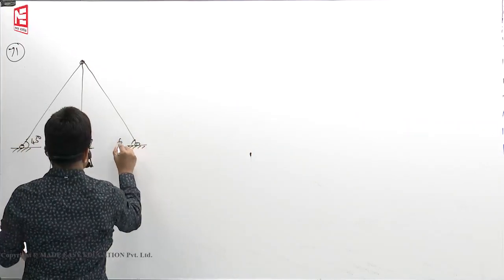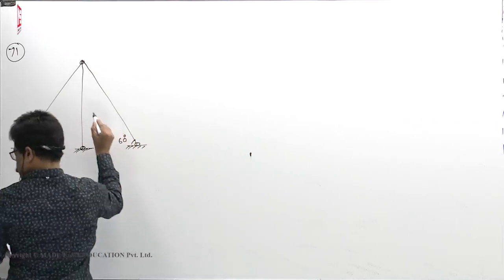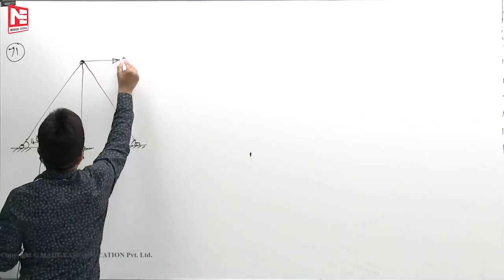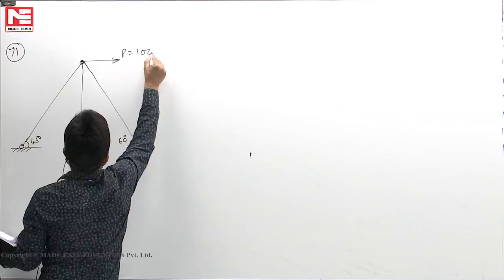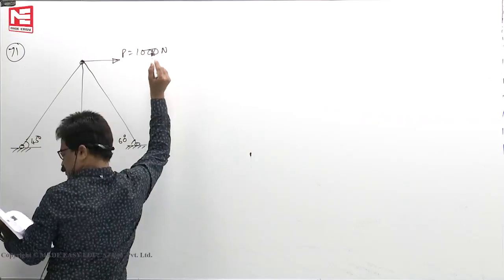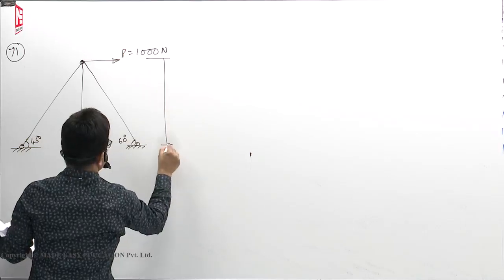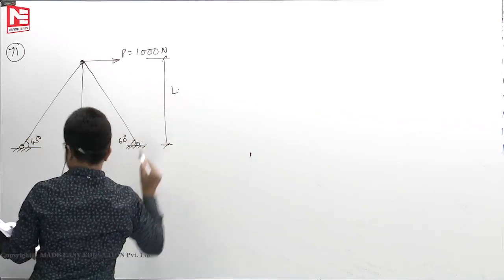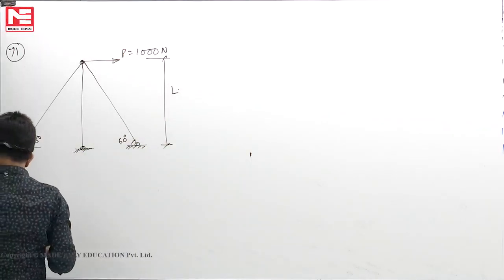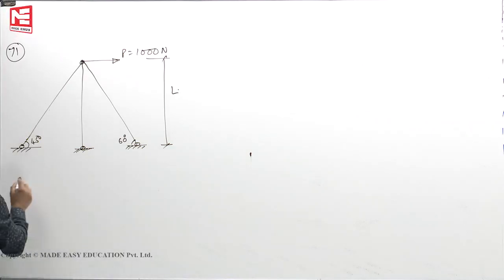This angle is 60 degrees. We have applied horizontally a load of P equal to 1000 Newton. The length of the member is L. A is constant for all the members.